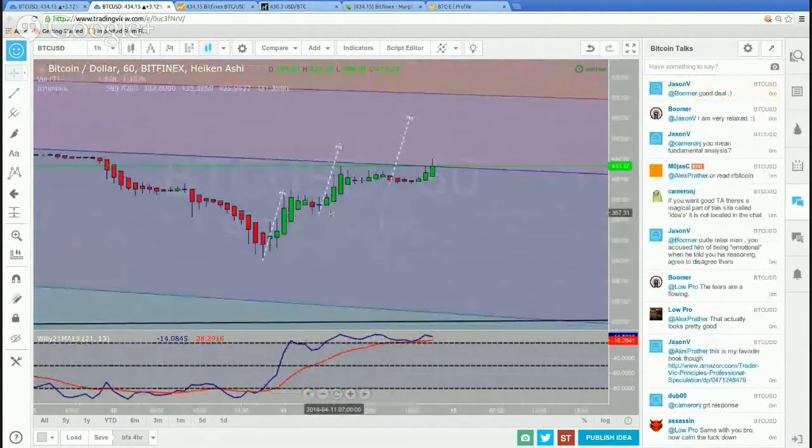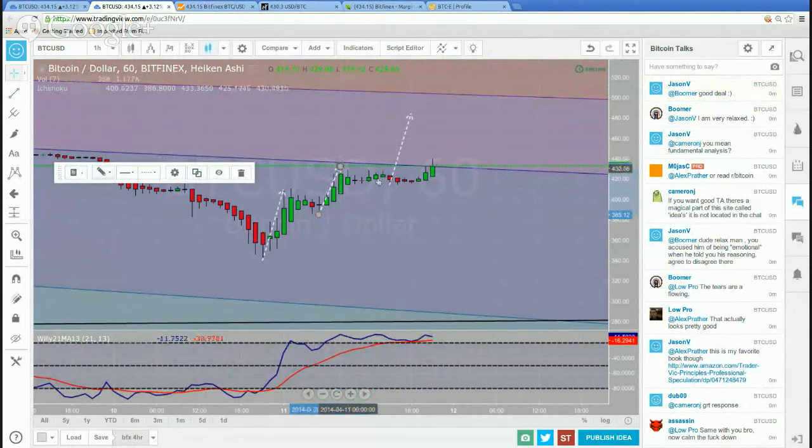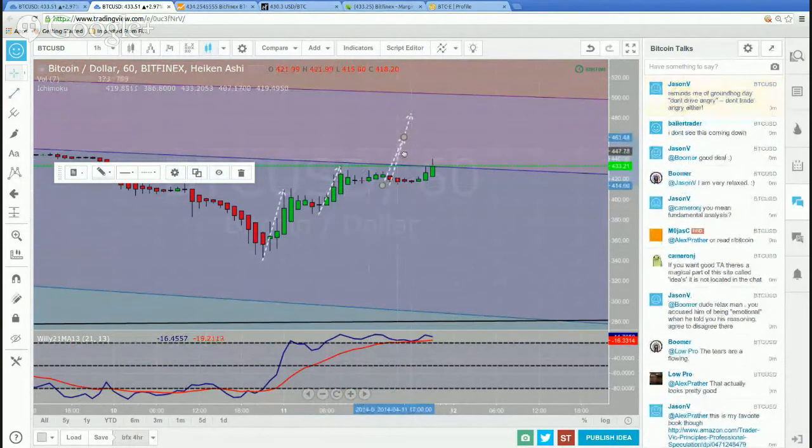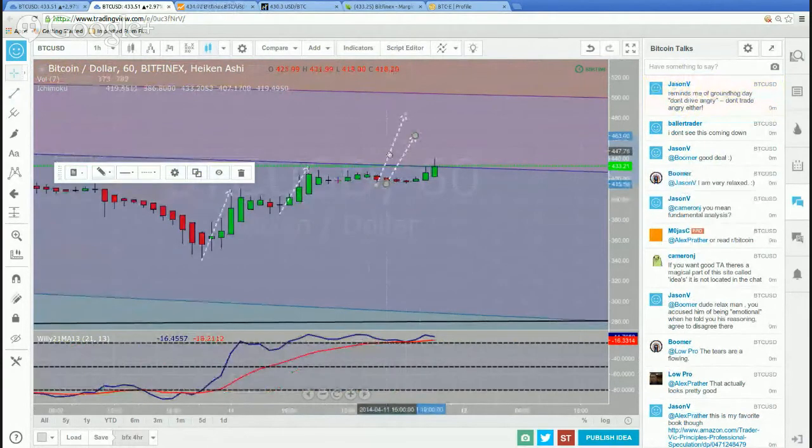So bring your second arrowed line down to the height of that rally. Yeah, there. Clone that, and then project that off of these lows. Then take that other arrow and put it back where it originally was.